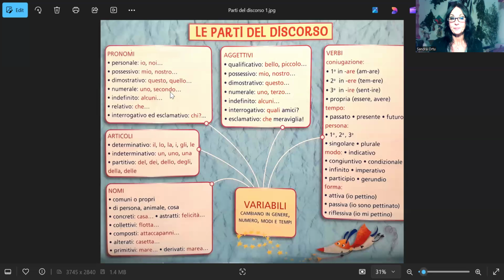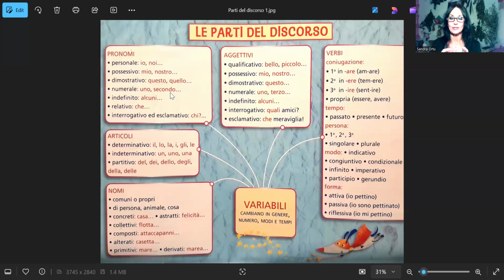For example, the first person: obviously persona is a feminine noun, so you say prima. If there is a race, for example, you can have the first person.